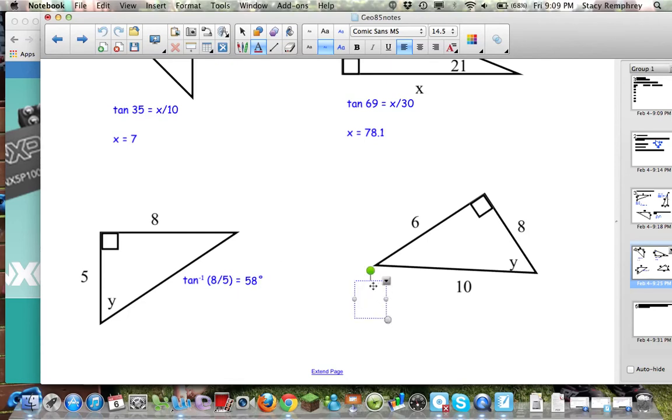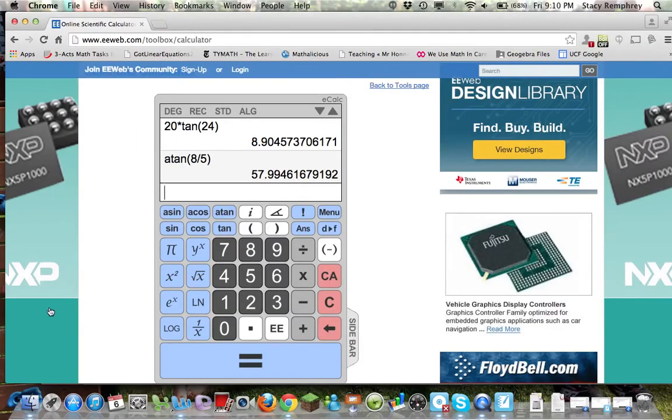And again, I'm hoping you work through these and you're just using this to check. In the next one, I'm finding an angle. So again, since I'm finding an angle, I'm going to use the inverse tangent. I'm going to go opposite, so that's 6, divided by the adjacent, which is 8. I get about 37 degrees.